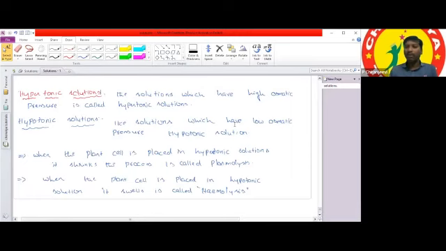The best example of isotonic solutions is blood and 0.9% NaCl. 0.9 percent NaCl is what we call saline. How much concentration has to be there? 0.9 percent. Only when they have the same osmotic pressure does that liquid flow in the blood.